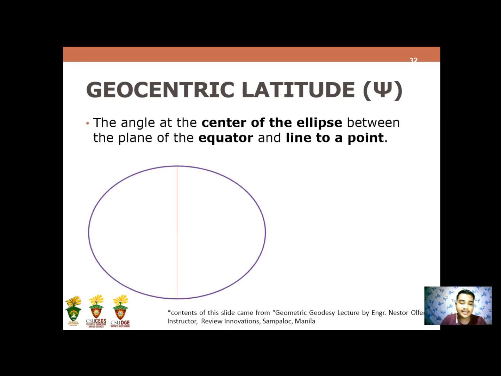This is the z-axis, and another axis is the x-axis. And the yellow is some point at the surface of the earth that we want to locate. From the center of the ellipse, the angle from the equator to the line to the point is now the geocentric latitude.